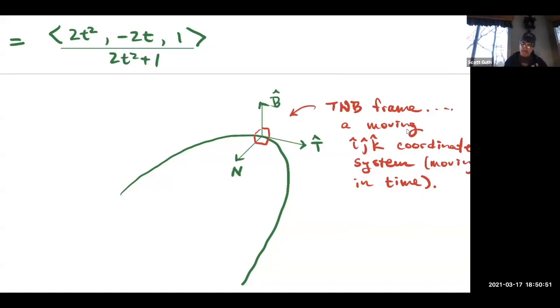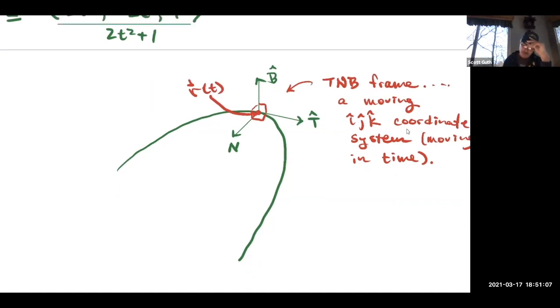For example, if somebody asked me to find the center of the osculating circle, let me give you a point right here. That point is r of t.